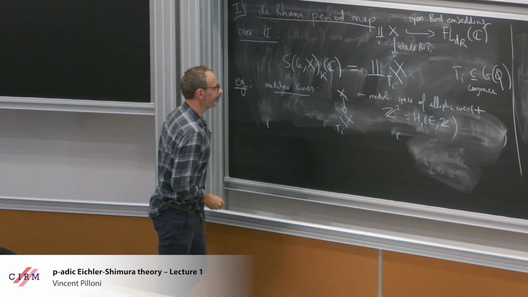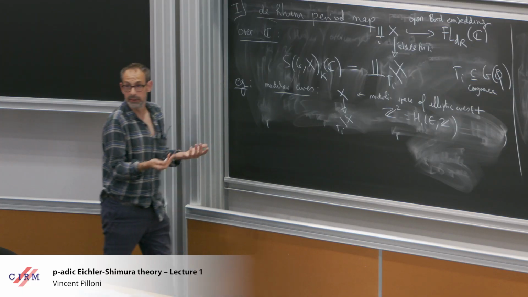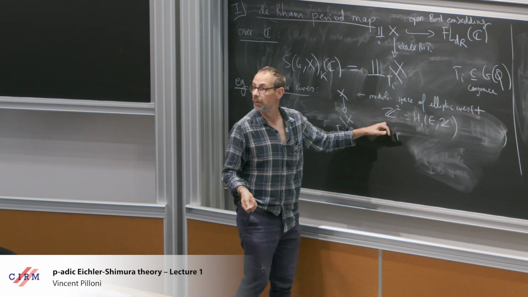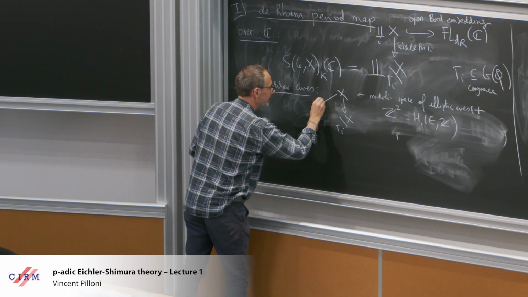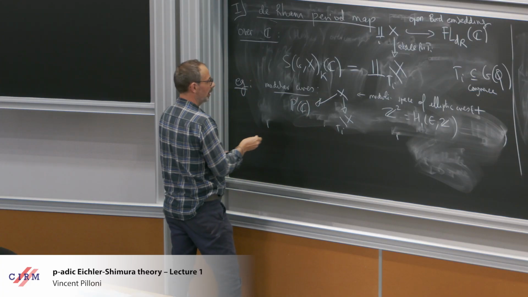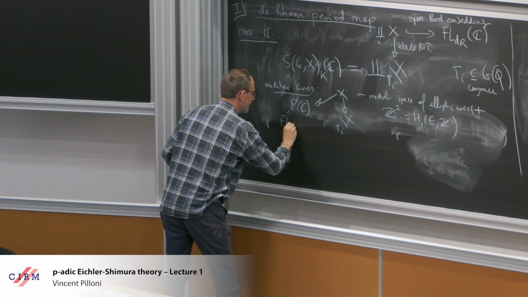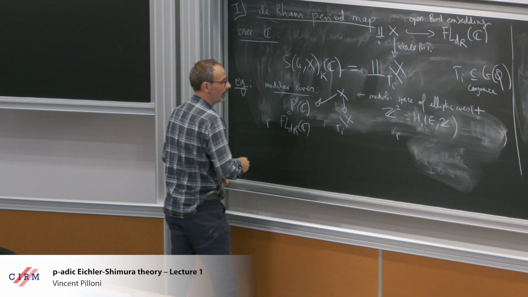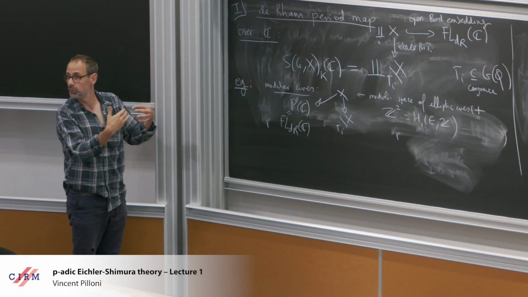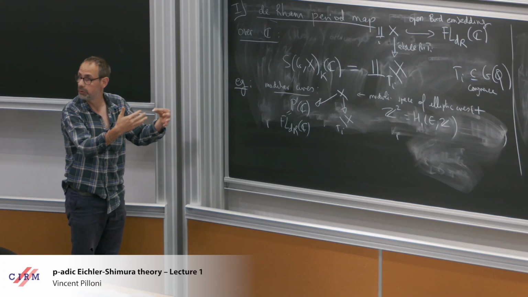Or if you want, this is just a moduli space of Hodge structures on Z^2. And then we have this map to P^1(C), which in that case is FL de Rham (C). That's just that you take your Hodge structure and look at the corresponding Hodge filtration.